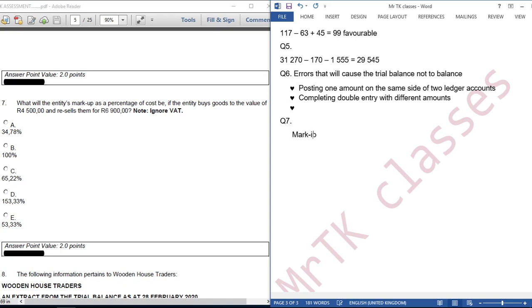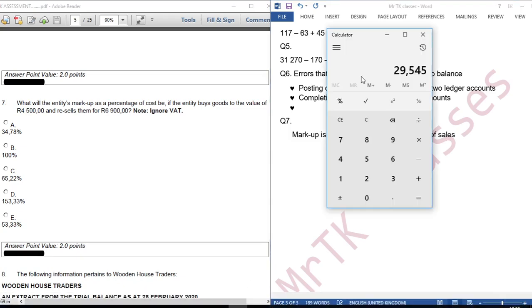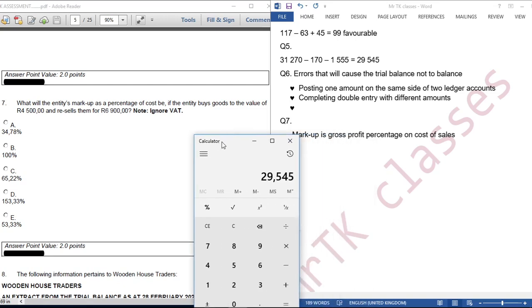Markup is gross profit percentage on cost of sales. So what is our gross profit in this question?